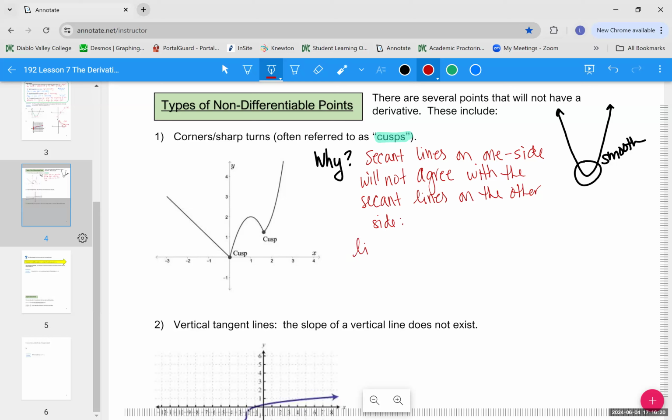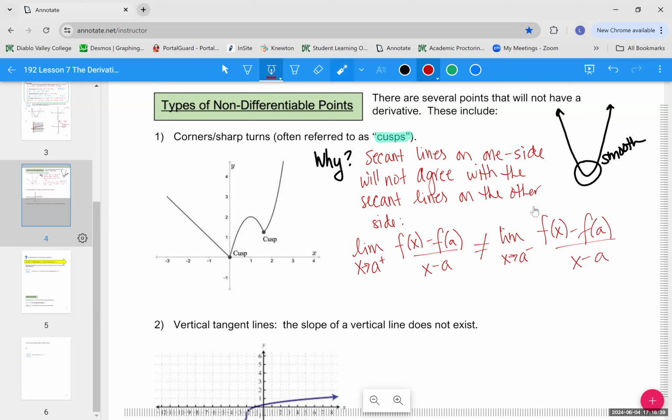So basically, if you are doing this limit, when you approach from the right, it's going to be different than if you approach from the left.